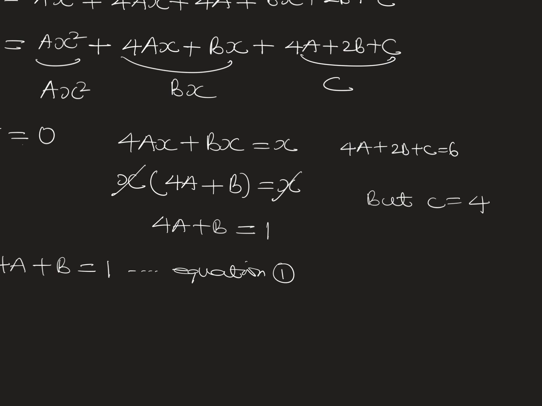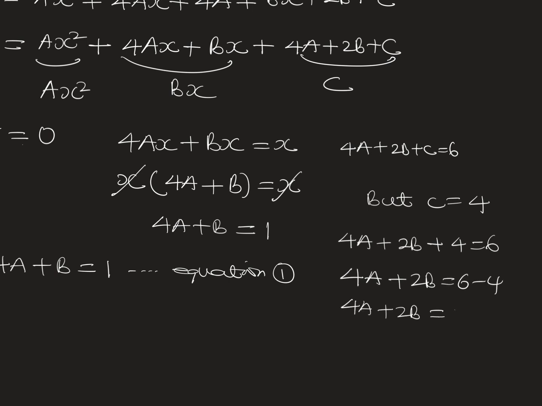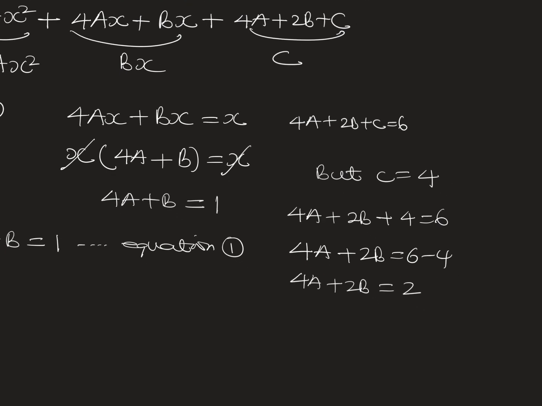So if I substitute that, I will have 4a plus 2b plus 4 is equal to 6, which means 4a plus 2b is equal to 6 minus 4. So 4a plus 2b is equal to 2. Let's say if we factorize 2 out, we'll have 2 into 2a plus b is equal to 2. Okay? So if we do that, then it means when 2 cancels 2, then the coefficient will be 1. So we'll have 2a plus b is equal to 1.